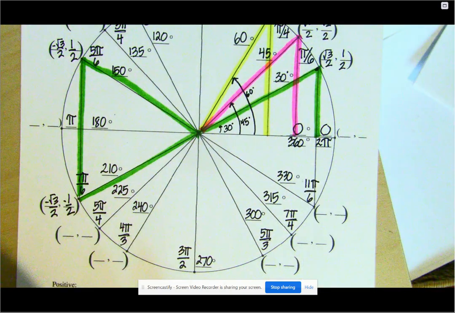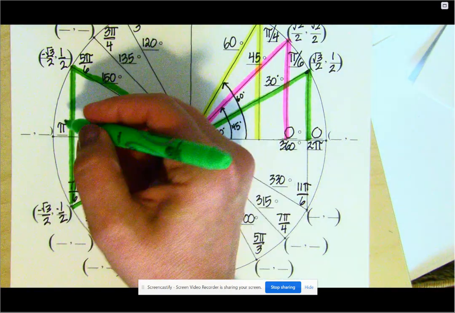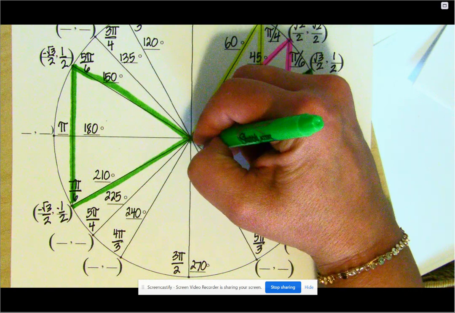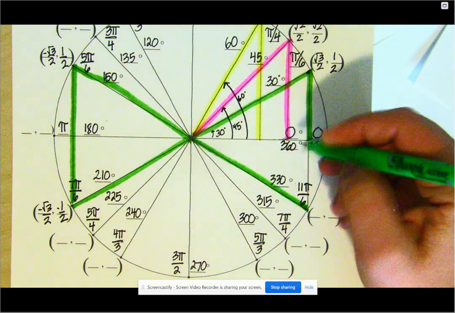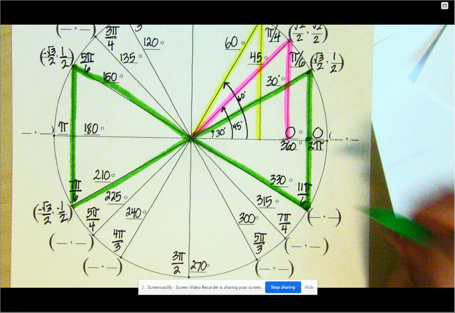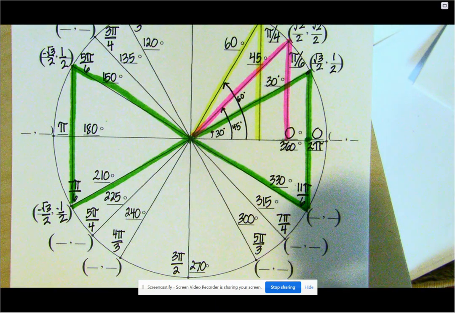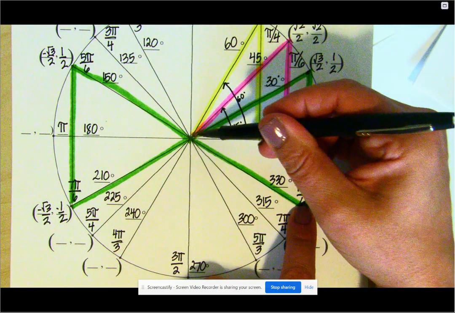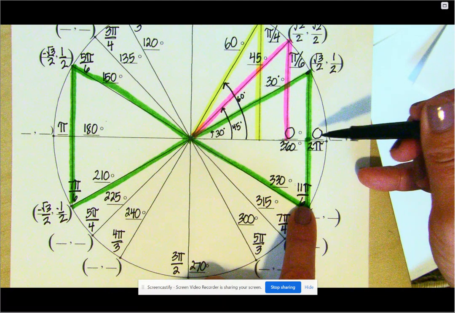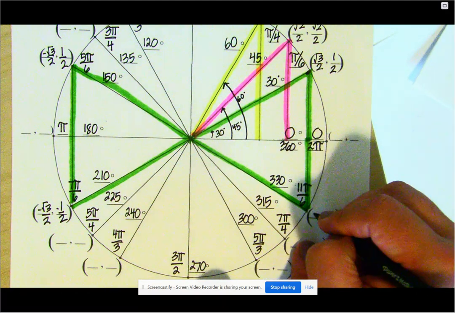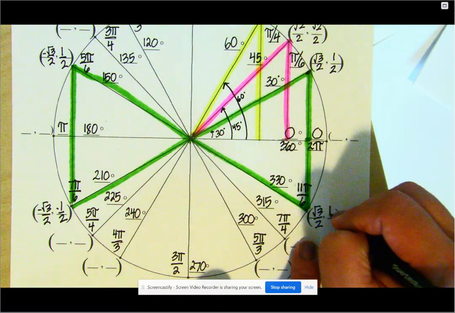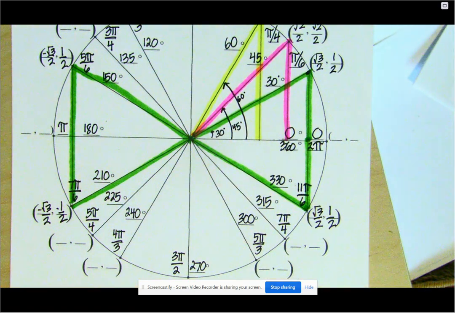There it is. How would you describe how to get to this point? You would go positive square root of 3 over 2, negative 1/2. Okay, now let's go do the 45s.